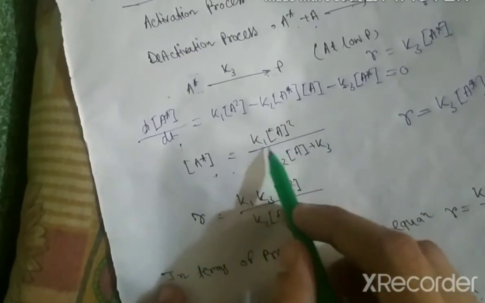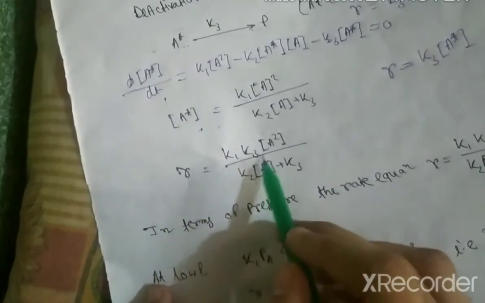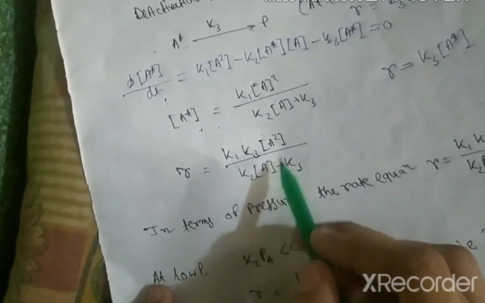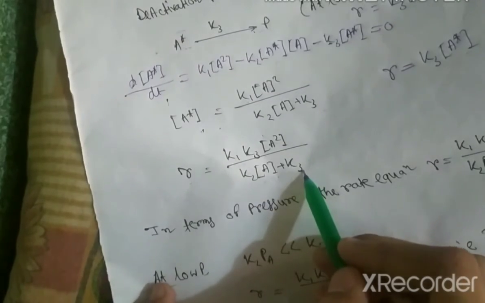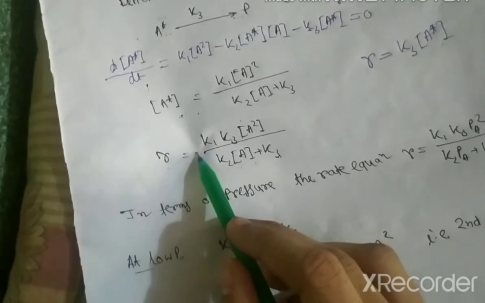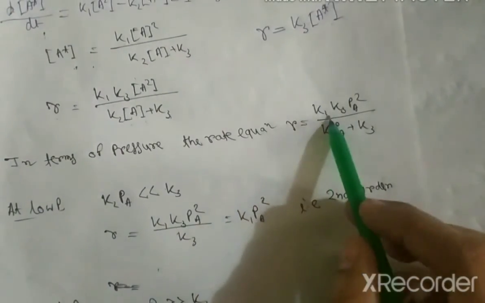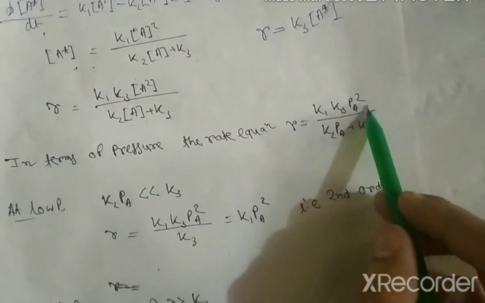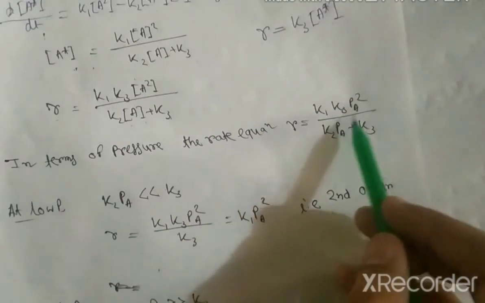Now put this value in this equation and we get rate is equal to k1 into k3 into concentration of A square by k2 into concentration of A plus k3. Now if you want to express this rate in terms of pressure, then the equation becomes R is equal to k1 into k3 into P_A square by k2 into P_A plus k3. Only concentration of A is replaced by P_A.